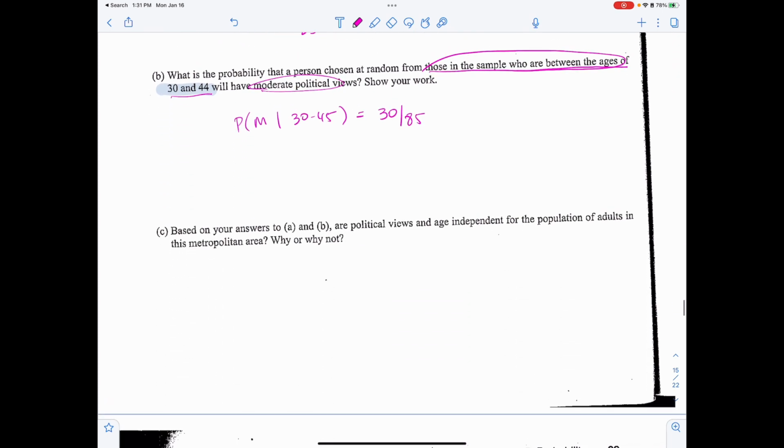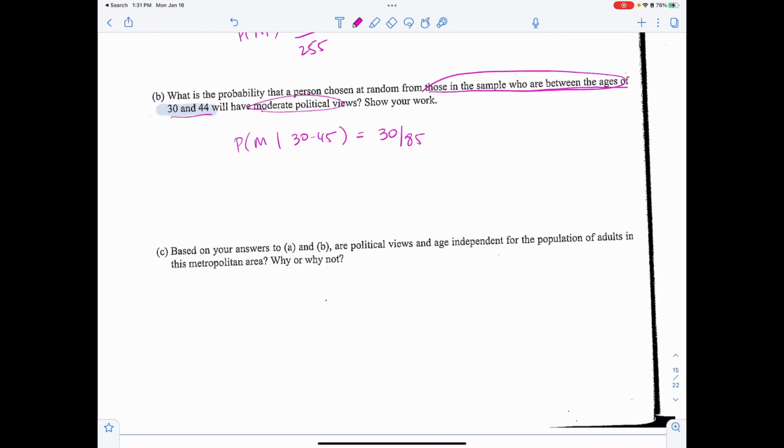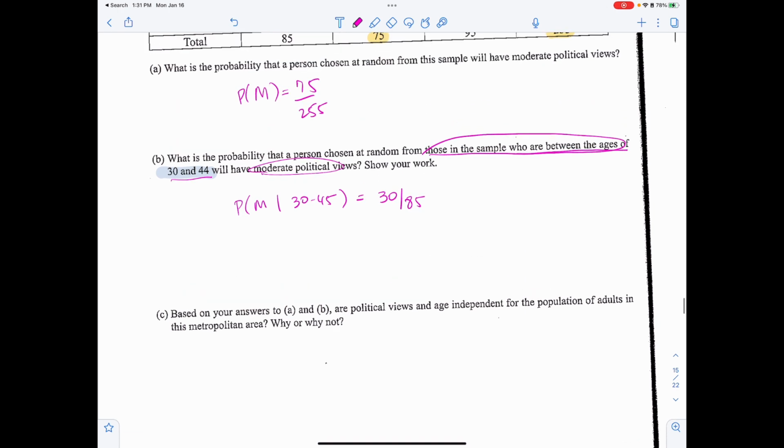Based on your answers to A and B, are the political views and age independent? Why or why not? Well, I'm going to go ahead and divide them out now, because that's going to be helpful for me, and I'll show you why.